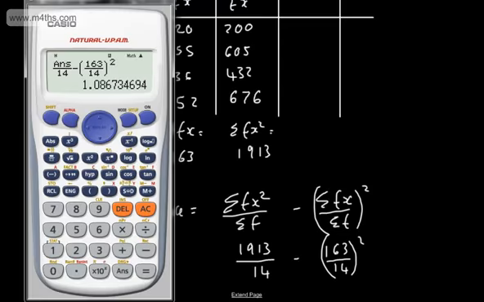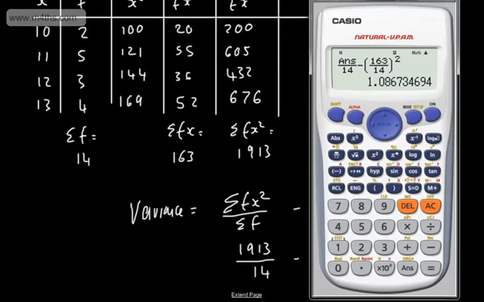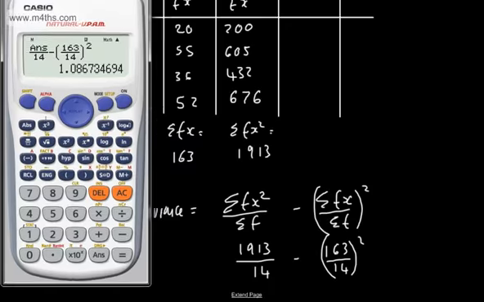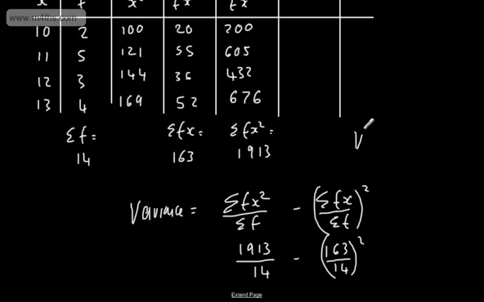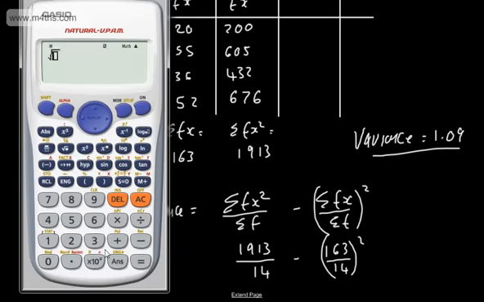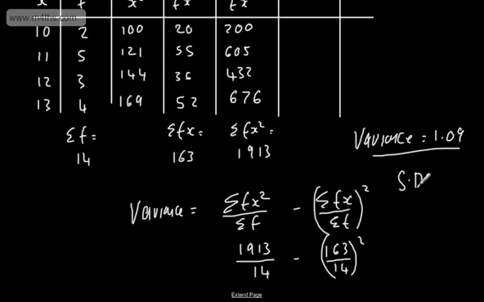Let's just check I've got all of that in correctly: 1913 over 14, minus 163 over 14 squared. That gives 1.0867, and so on. So the variance is equal to 1.09 to 3 significant figures, and then we'll take the square root of this, which gives 1.04. So the standard deviation is equal to 1.04.